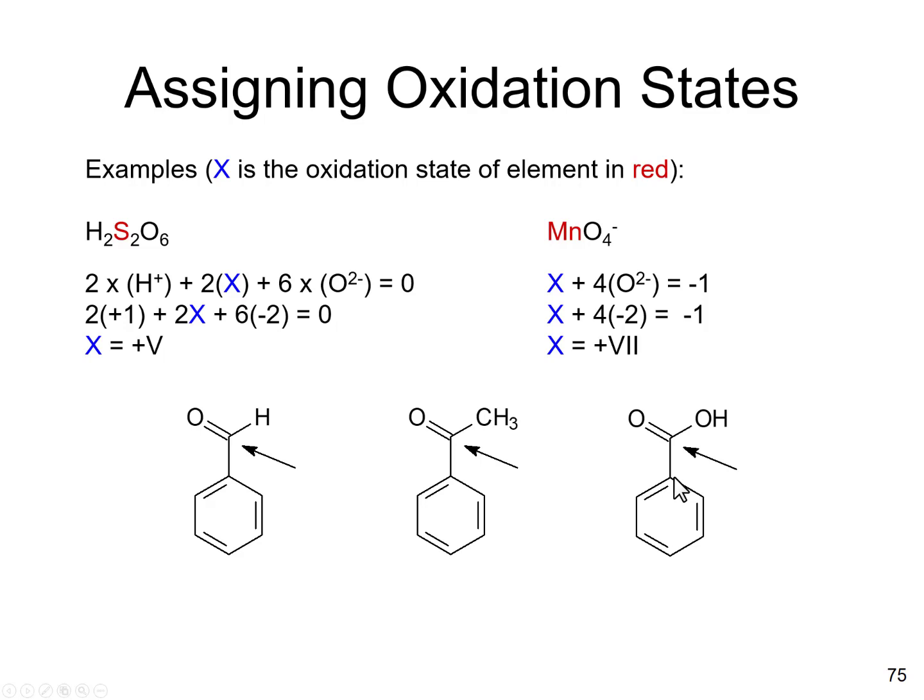This one again doesn't play any role in the determination. And we have 3 bonds to an electronegative element. So this carbon should have an oxidation state of +3. So here are again the oxidation states: carbon +1, carbon +2, and carbon +3.